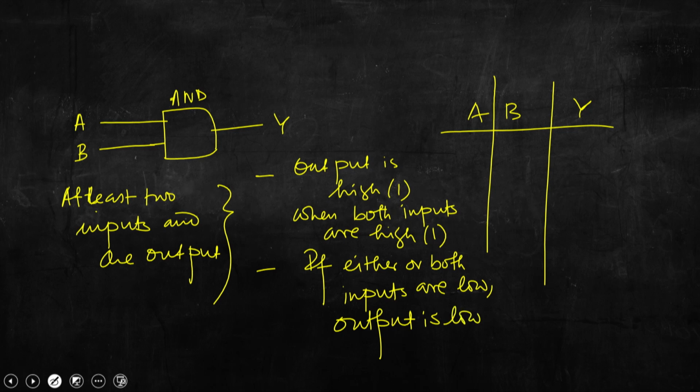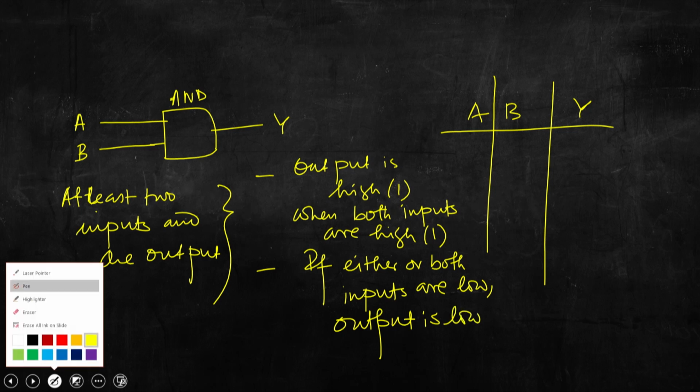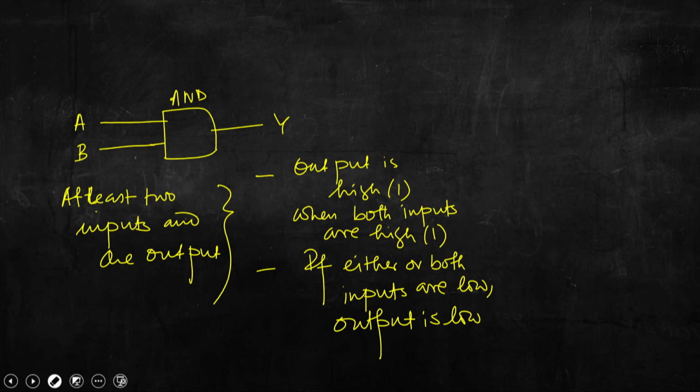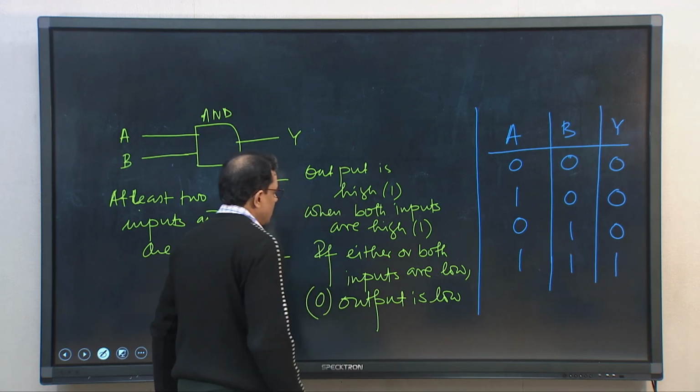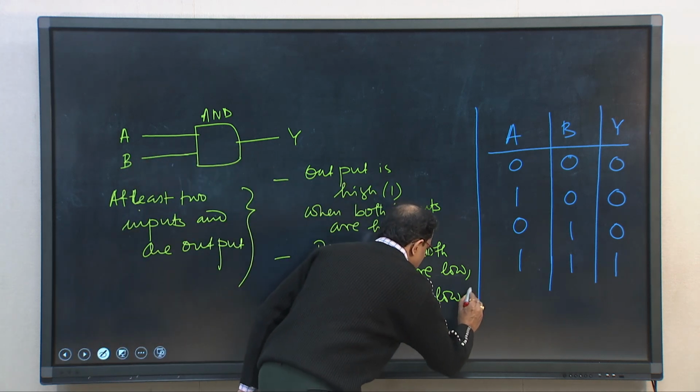So, if we write the truth table here, that is A, B, then Y, the output. If it is 0 0, then 0; if it is 1 0, then also 0; if it is 0 1, then also 0; if it is 1 1, then 1. That is the output truth table. Either or both inputs low, low means 0, the output is low.